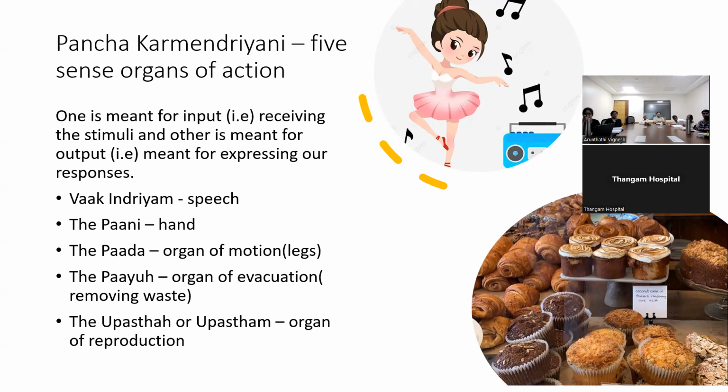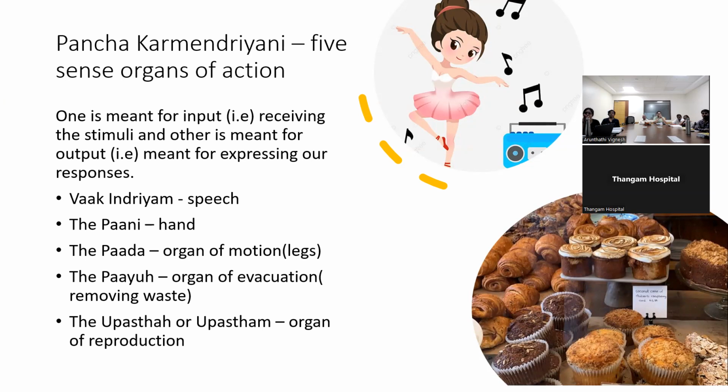For transaction, we need both the input, receiving the stimuli, and the output. First is Vak Indriyam, that is speech. The Pani, that is the hand. The Pada, the organ of motion, legs. Then the Payu, the organ of evacuation, removing the waste. Then the Upastham, the organ of reproduction.